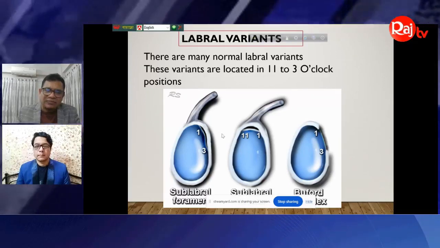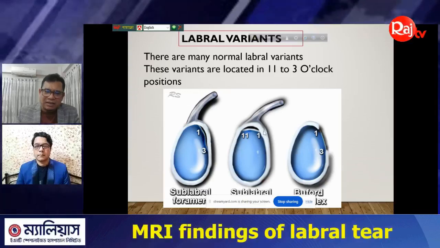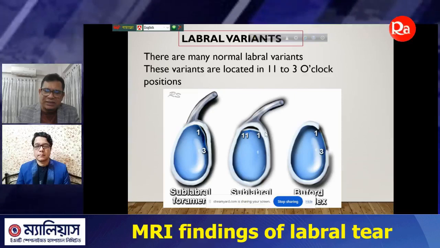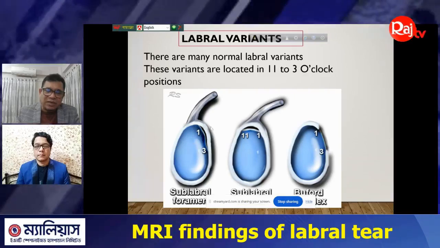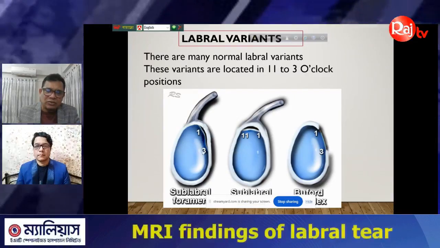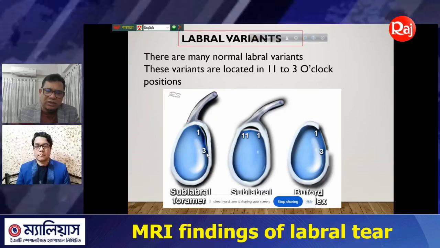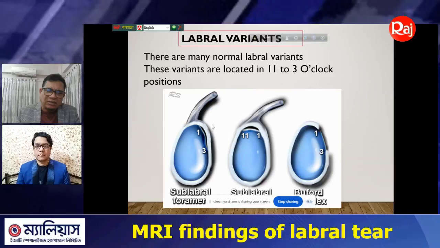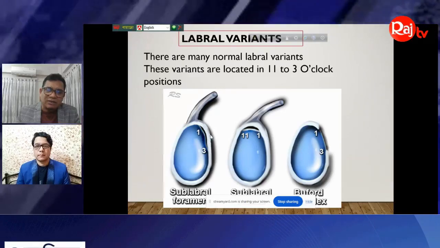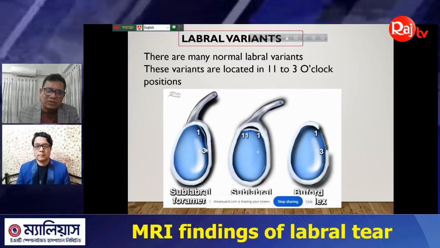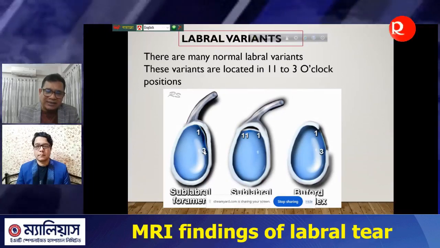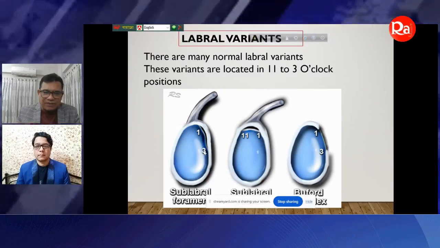Always there is a sublabral recess from 11 to 1 o'clock position, and a sublabral foramen usually from 1 to 3 o'clock position. We are sometimes confused when there is a detachment of the labrum from 1 to 3 o'clock position during arthroscopy, whether it is a tear or a sublabral foramen.